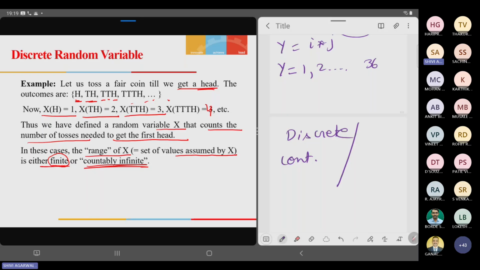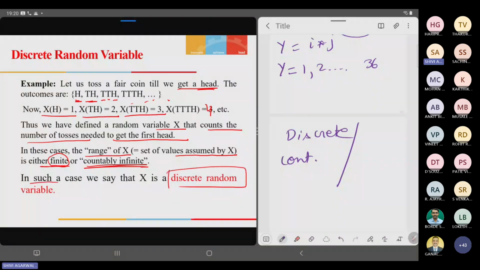There is a specific definition of countably infinite in mathematics, but we are not going into that area. Then we can say this random variable is discrete. So this is a discrete random variable basically. Otherwise it is a continuous random variable. I already told you the examples of the continuous and the discrete random variable.